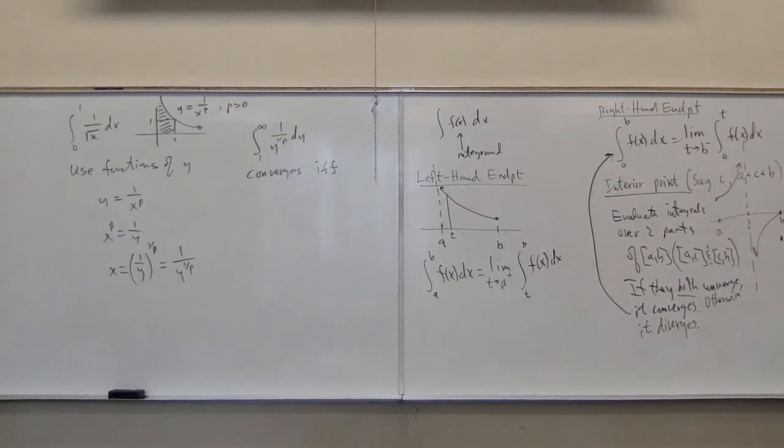That means if P is bigger than 1, it converges. It also means if it converges, then P has to be bigger than 1. It goes both ways. And the same thing here. So that's a P integral, right? And it converges if its value of P, so to speak, is bigger than 1. Well, what's the value of P after we solve for y?